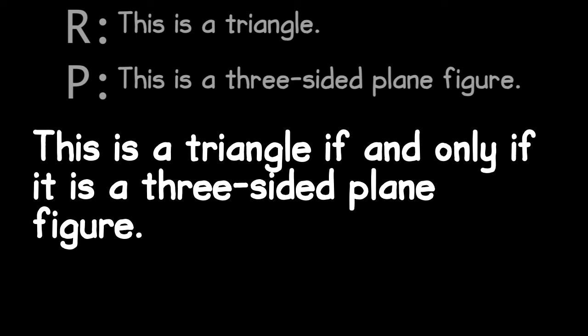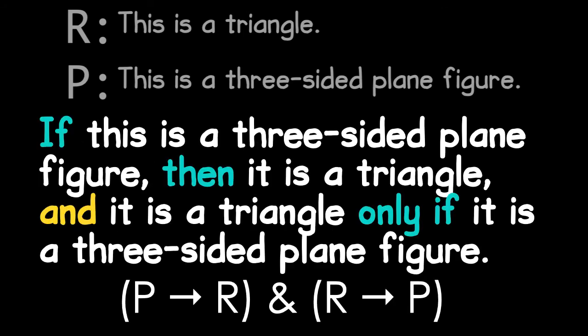Now consider this sentence: This is a triangle if and only if it is a 3-sided plane figure. As always, we need a symbolization key. So let R mean this is a triangle, and let P be this is a 3-sided plane figure. We know how to translate if-then sentences and only if sentences. We learned about those earlier in this video.